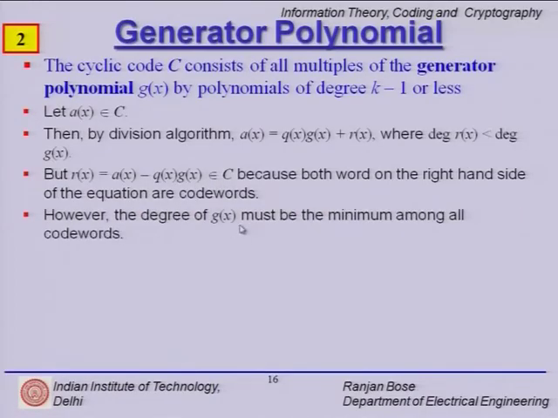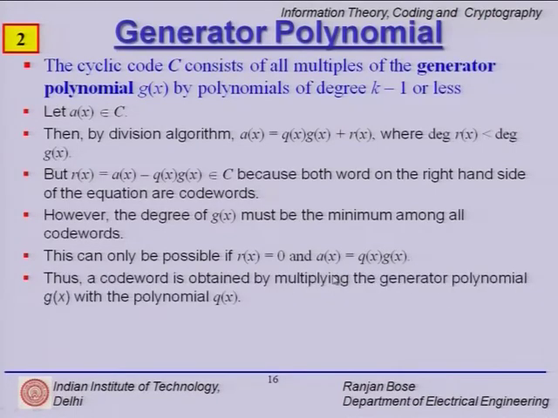But the degree of g of x must be minimum amongst all code words. This is only possible if r of x is 0, and consequently a of x must be equal to some polynomial q of x times g of x. So, that means multiplying g of x by some arbitrary polynomial q of x should be equal to a of x, the valid code word polynomial.